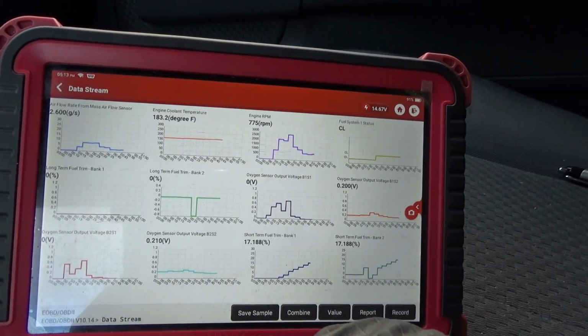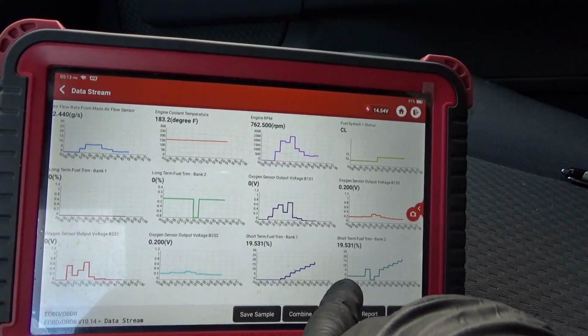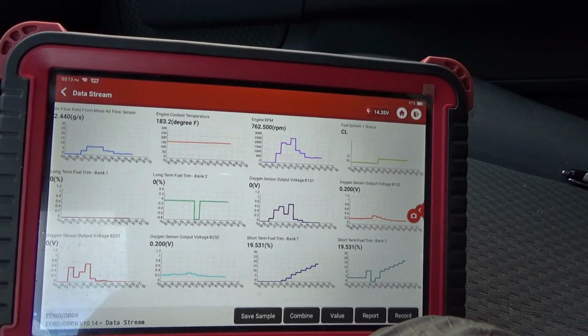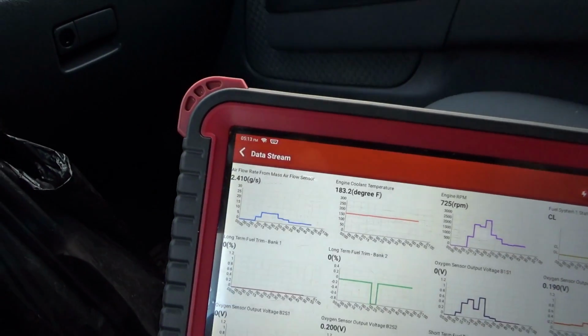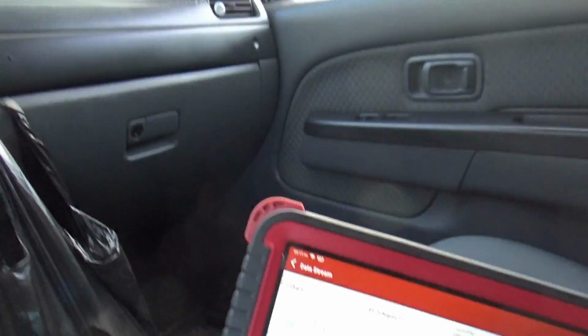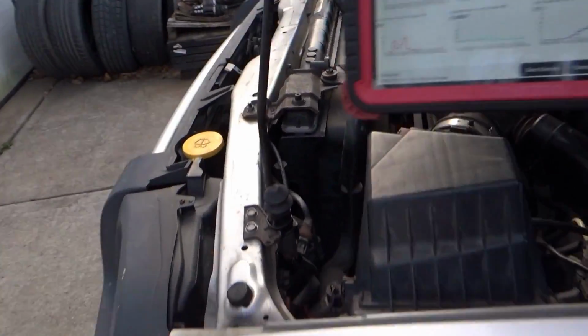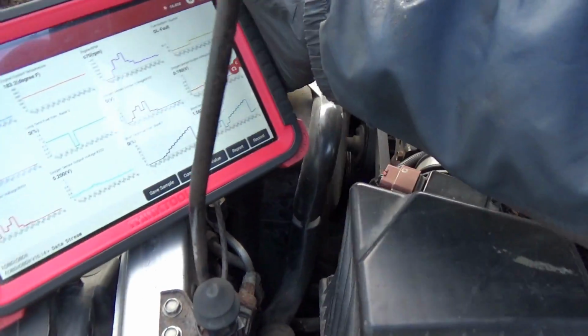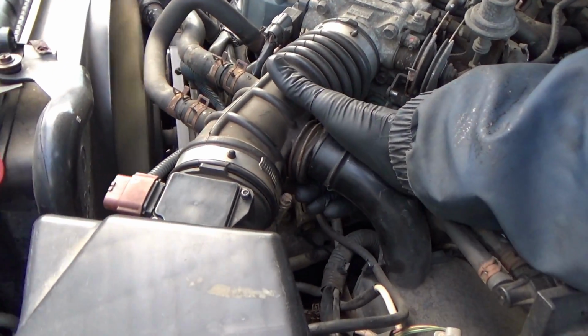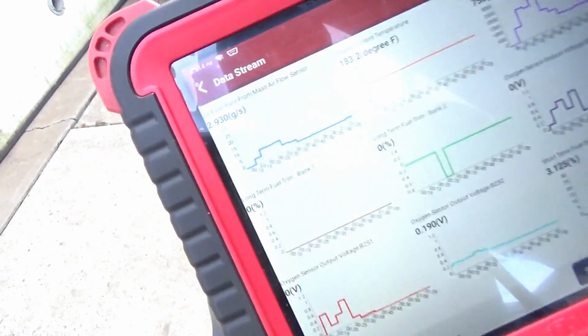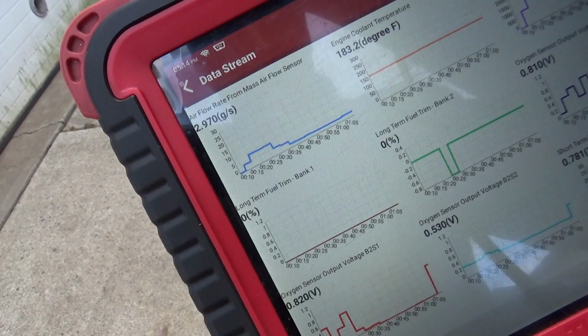Bank 1 sensor 1, bank 2 sensor 1. So now we're running too lean. You see the short term climbing towards 20%, because we're at 2.4 grams per second. So what I want to do is play around with this air tube. Decrease this vacuum leak. Like so. See, I went up to 3 grams per second.